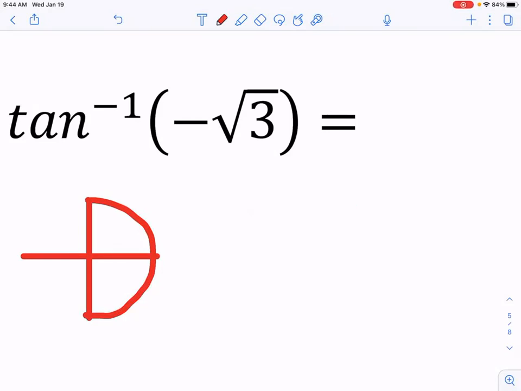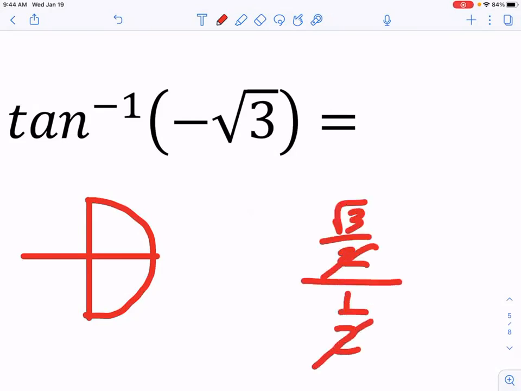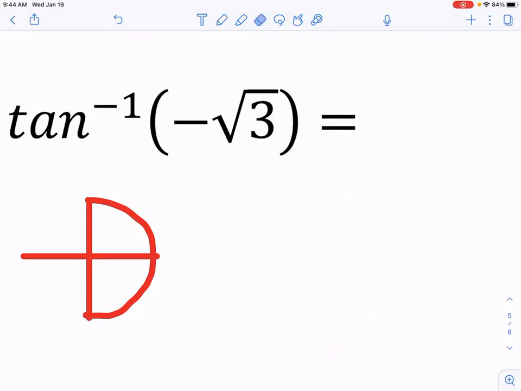Pi over 3, because we'd have y over x, and those would cancel to be radical 3 over 1. So pi over 3. Since I'm asking for a negative radical 3 in an inverse tangent, you would rotate to negative pi over 3.